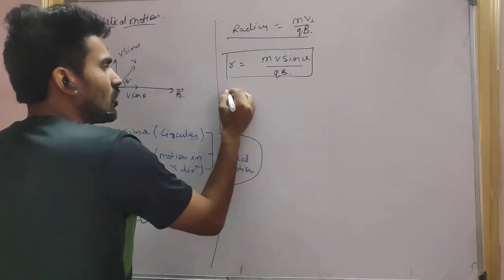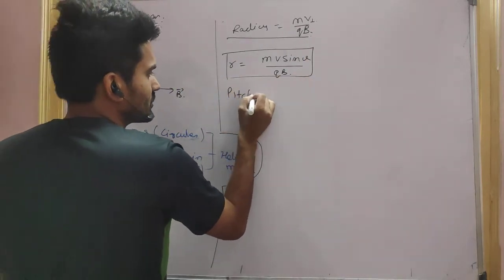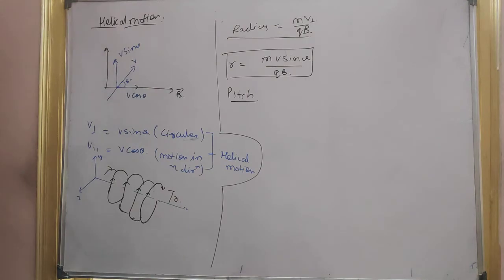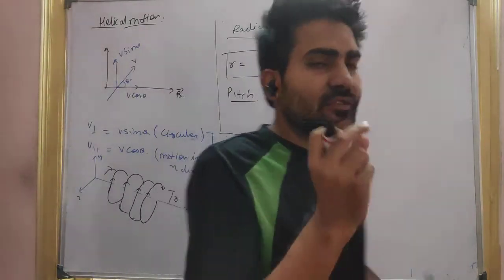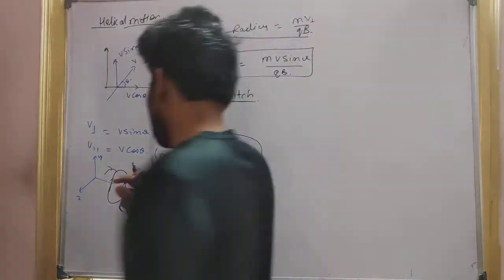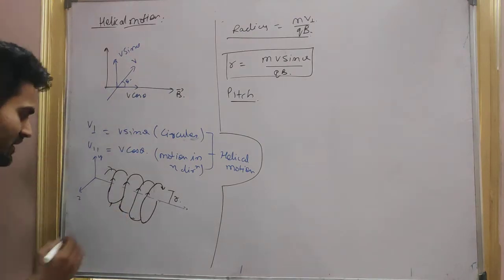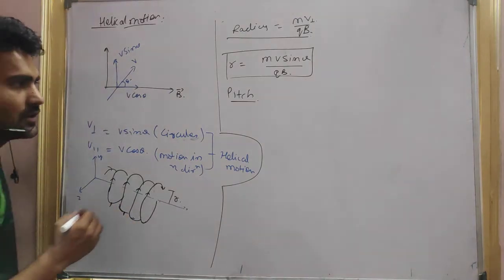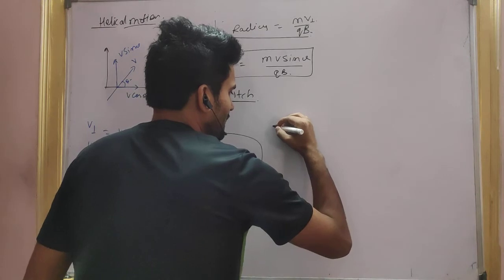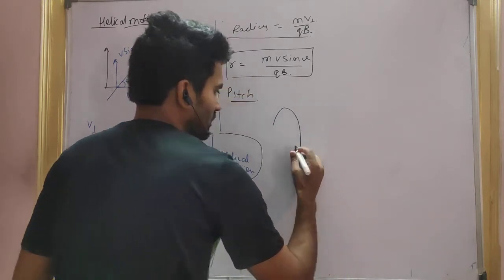Now one term is called pitch. What is the pitch? It is the distance between two circles, right? One circle is this, one circle is this. See, it is moving like this.